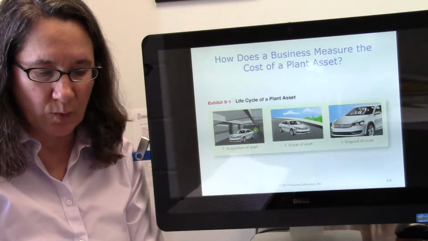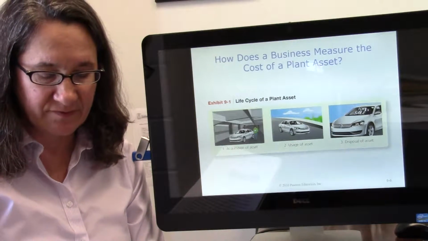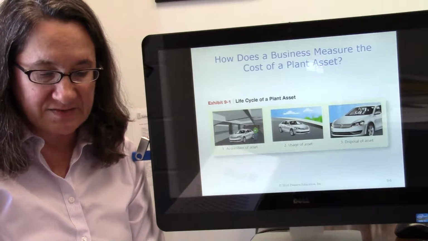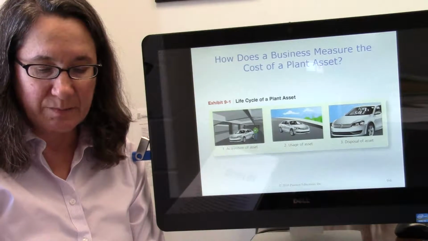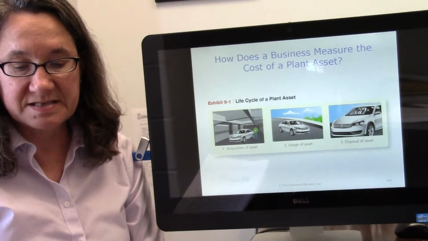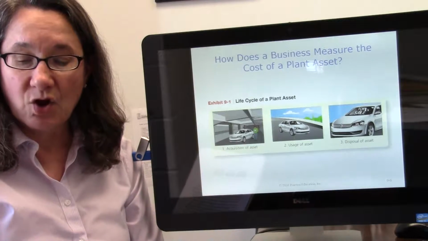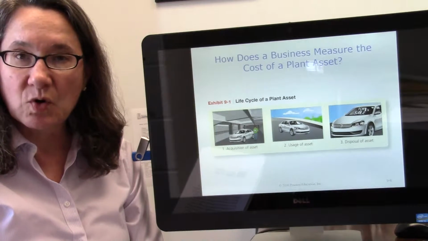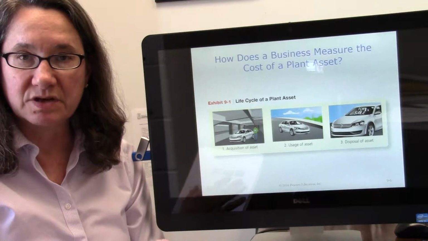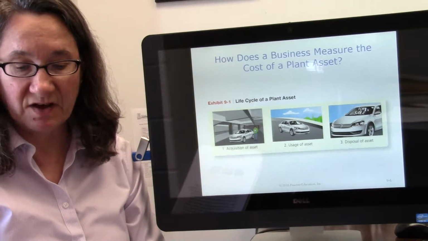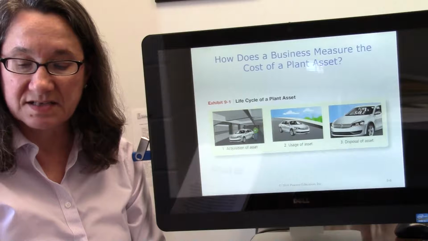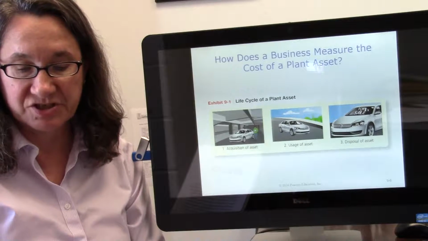On Exhibit 9.1 on page 475, it summarizes the life cycle of a plant asset in a business. The business begins by acquiring the asset and recording the asset on its books. This involves determining the asset cost that is reported on the balance sheet.